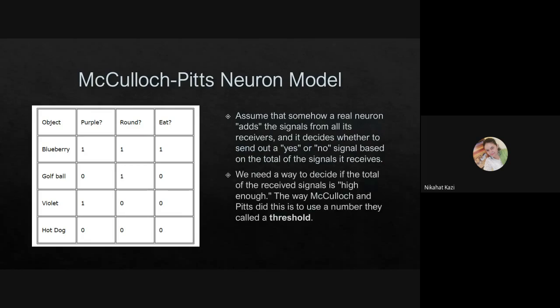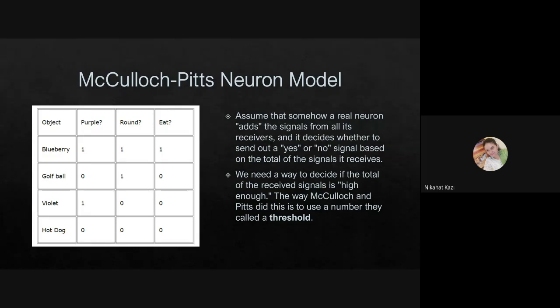So what do we need to do in this case? We need to decide if the total of the received signals is high enough. Whatever the bird has received, the sum of those signals is high enough, meaning some value which it's going to surpass, then it will eat. If it does not surpass that value, it will not eat. So that is nothing but the concept of threshold.